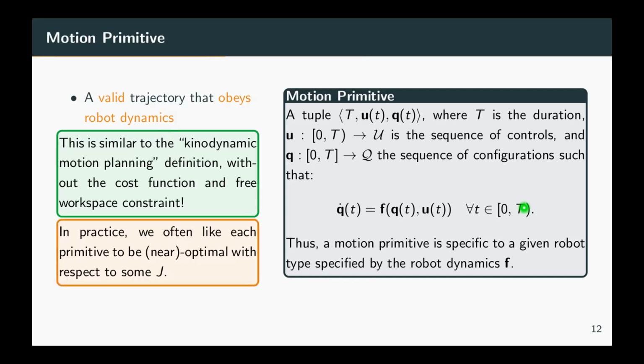The cost function you sometimes include. Often it's not formally included, but when you generate motion primitives, you're obviously not interested in weird circle-like motions, but maybe the shortest possible motions or the fastest possible motions. So often you have some J that you also try to minimize.